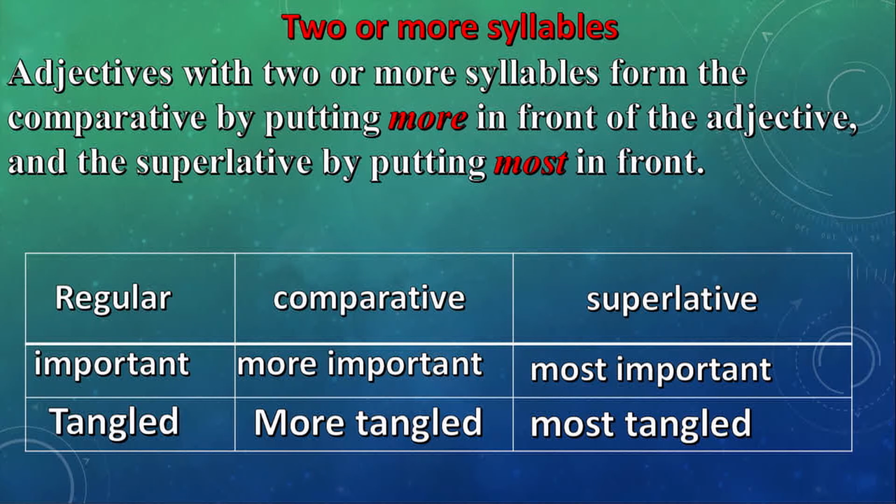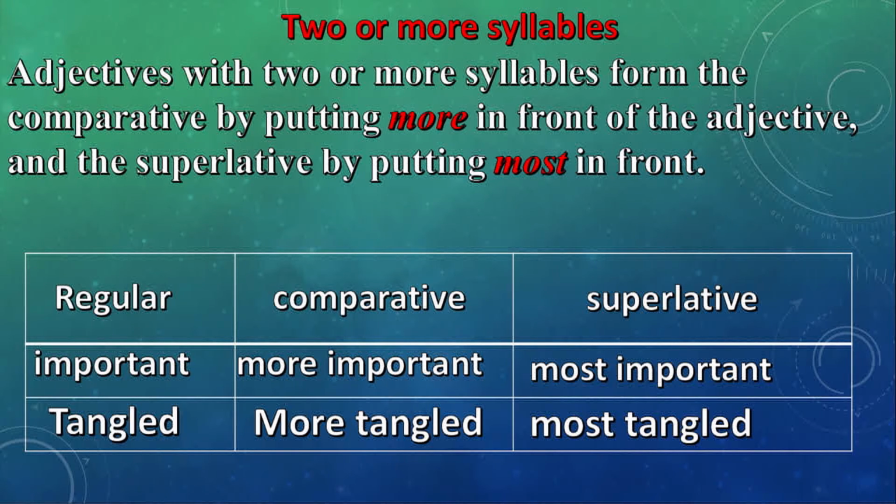So we have important, more important, and most important. So it's not important, importanter, or important-ist. No. You form it with more or you form it with most. Good? And we have tangled, more tangled, and most tangled.